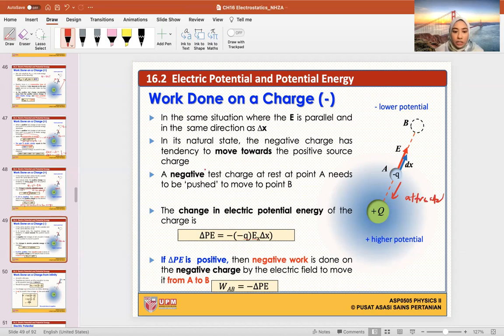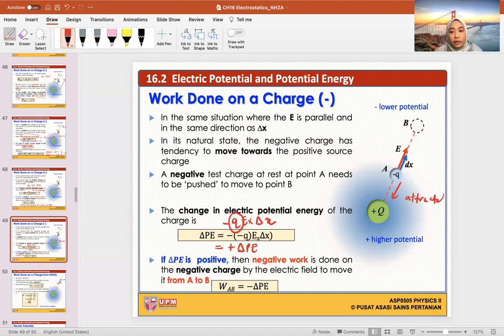So the change in electric potential energy of the charge is, remember we started off with minus QEΔx. In this case, our Q is negative, so we put in the negative sign over here. So we are going to get a positive delta PE, assuming E_x and delta x are in the same direction. If E_x and delta x are in opposite directions, you will get a minus sign over here and it changes the PE.